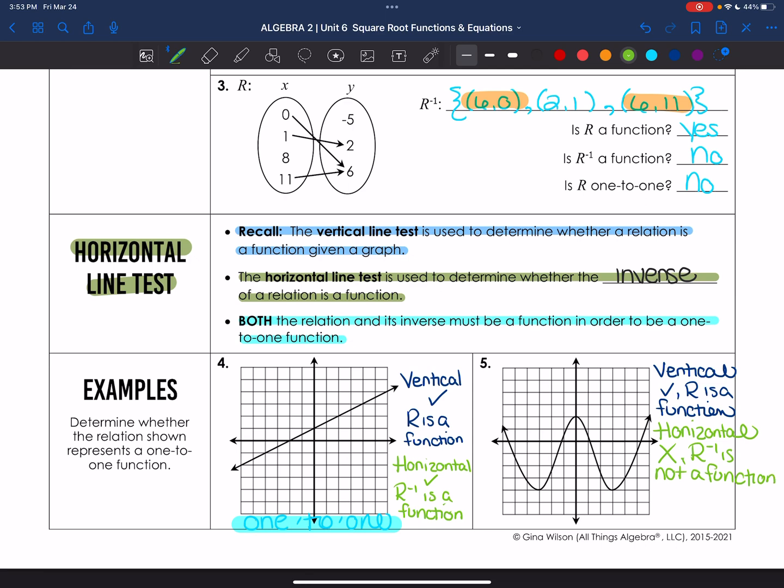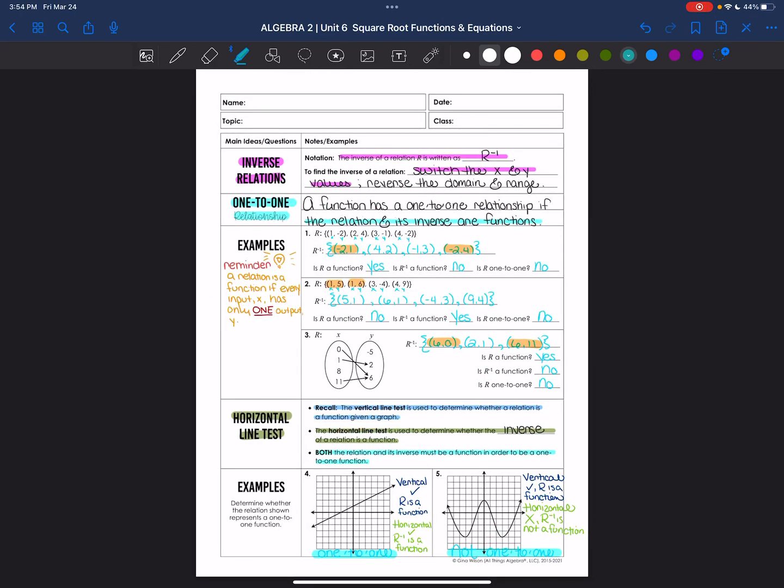And because one of these was not, this is not one-to-one. Although running the vertical line, we find that the original is a function, its inverse is not. So it is not a one-to-one relationship.